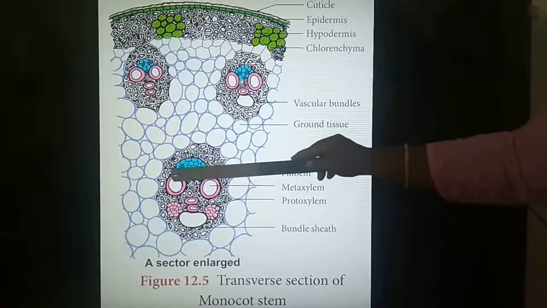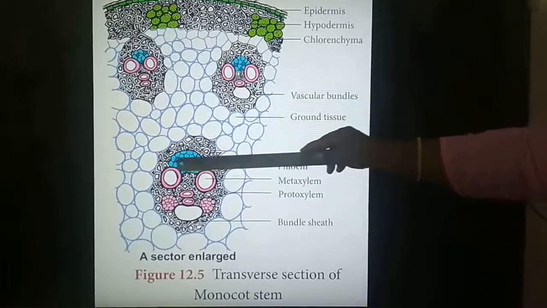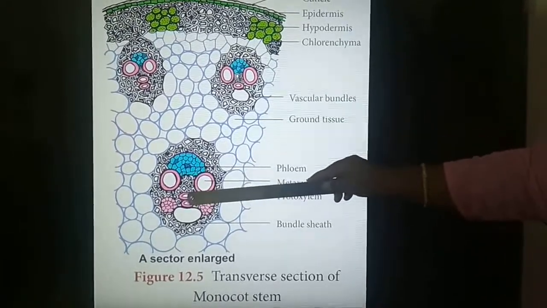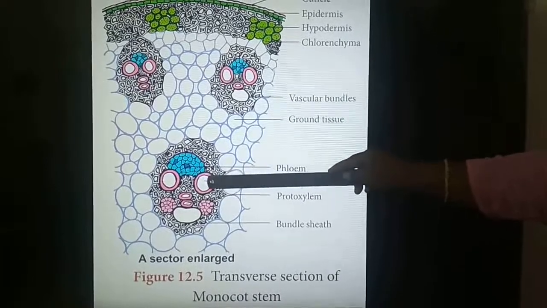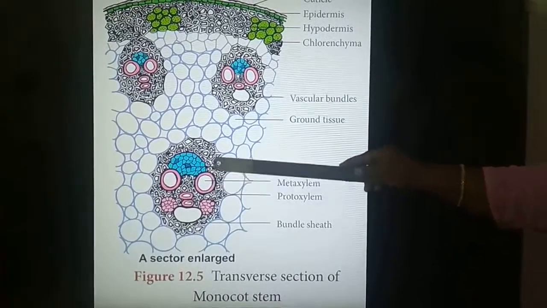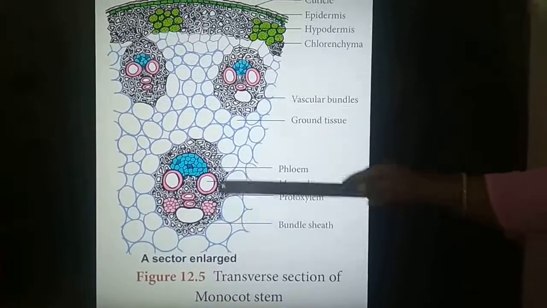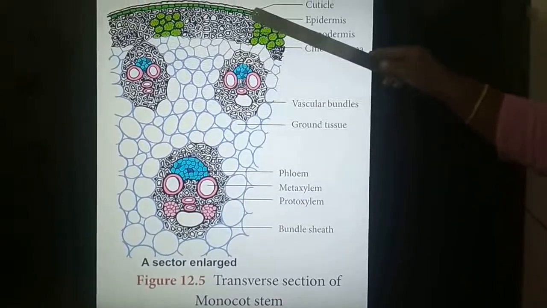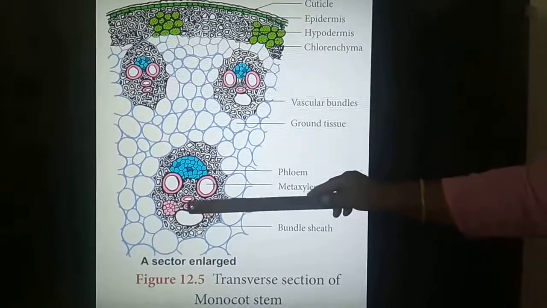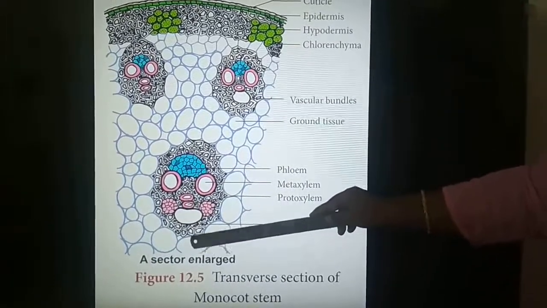And inside there is xylem. This is metaxylem and this is protoxylem. The vascular bundle is conjoined, collateral, closed and endarched. The metaxylem faces towards the periphery and the protoxylem faces towards the center.